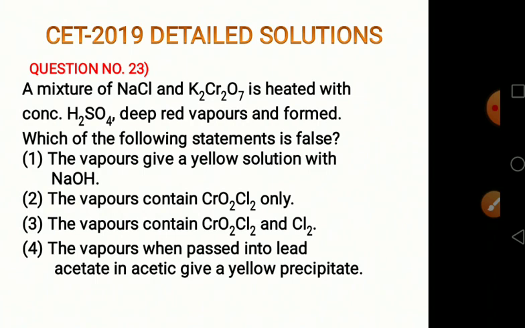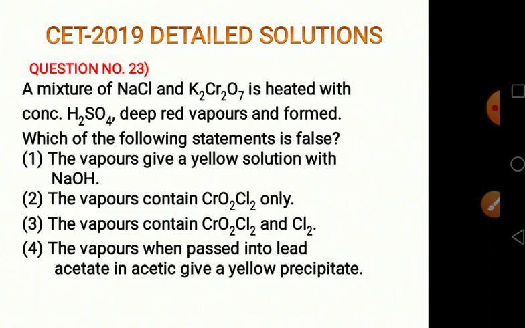In the chromyl chloride test, vapors give a yellow solution with NaOH. First you take the test tube, chloride-containing compound plus potassium dichromate, then you add sulfuric acid. Reddish brown vapors are evolved, which are passed to the test tube containing NaOH. The NaOH solution turns yellow, which means the first statement is correct.